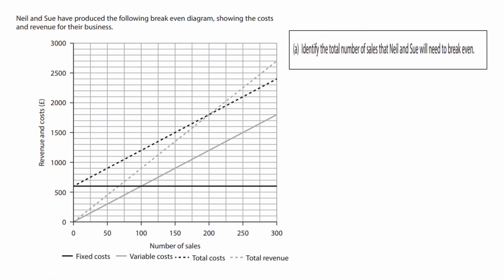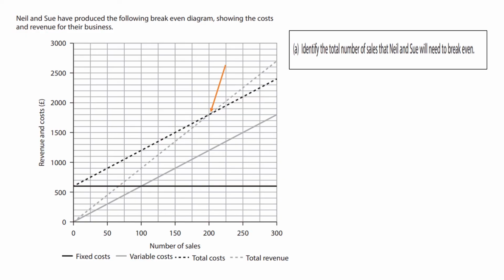Now we're on to a break-even question. Break-even diagram. This is a 2-part question. Identify the total number of sales that Neil and Sue will need to break even. Let's identify on the break-even chart where that point is. The break-even point is where the total revenue matches the total costs.